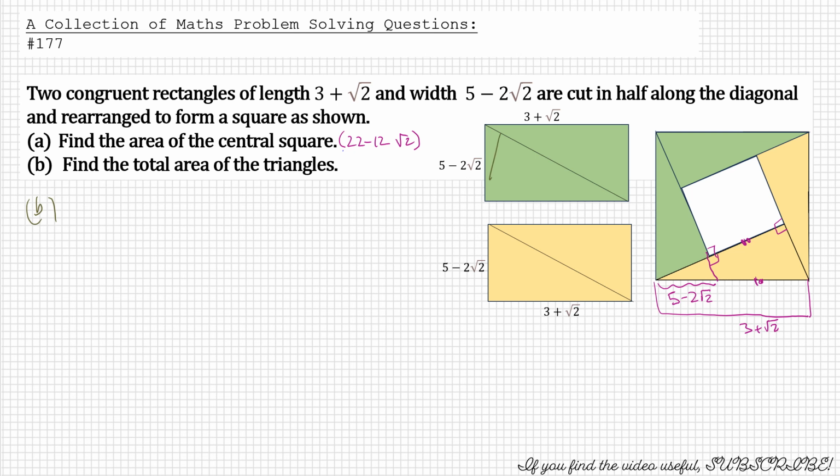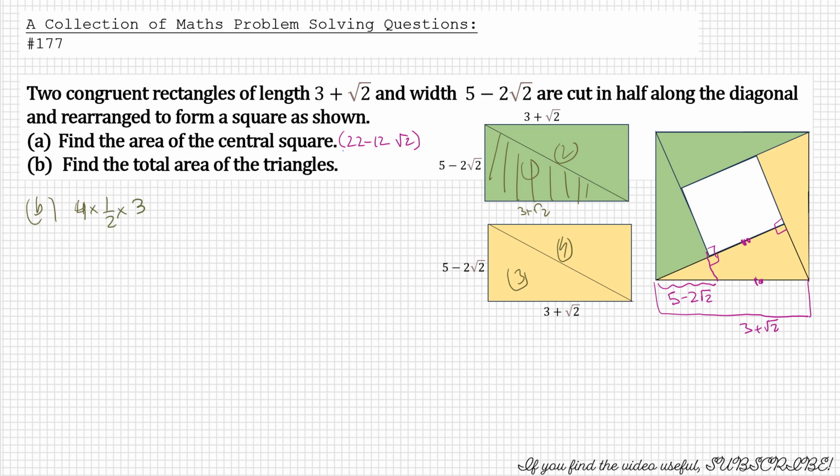You see this is the triangle. The base would be 3 plus root 2. The height is 5 minus 2 root 2, and then half times that. This is triangle 1, triangle 2, triangle 3, triangle 4. So the total area of the triangles would be 4 times half times base times height.